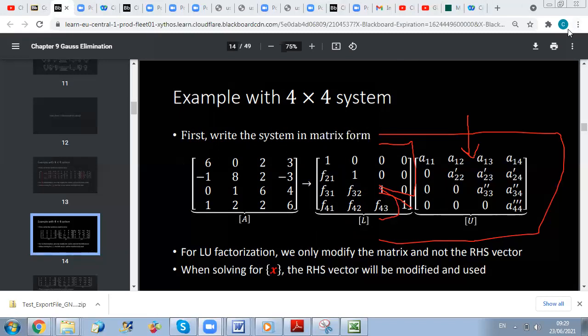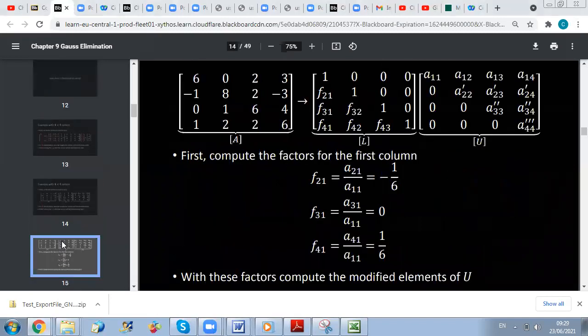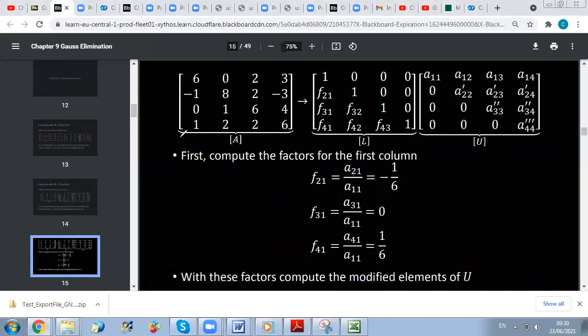Now we will see why we are doing this, and how it can be helpful to solve systems. If we go back to the example we solved together last time, when we performed forward elimination, factor F21 was -1/6, factor F31 was 0, factor F41 was 1/6.